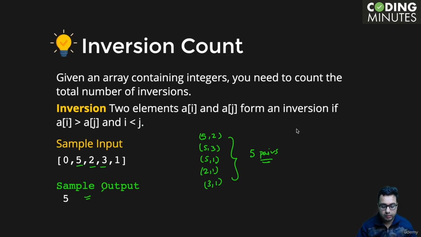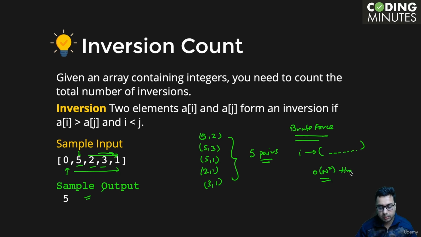Clearly we can have a brute force approach in which we compare every element i with all the elements which are coming after it. For 0 you iterate this much, for 5 you iterate this much. This will obviously take order of n square time.